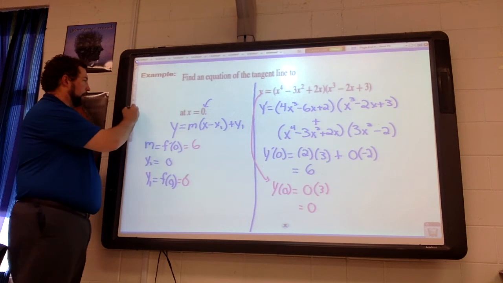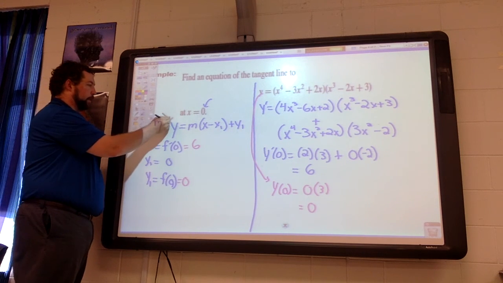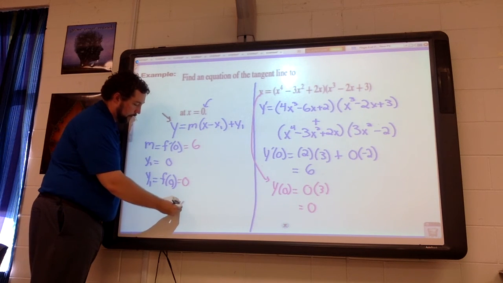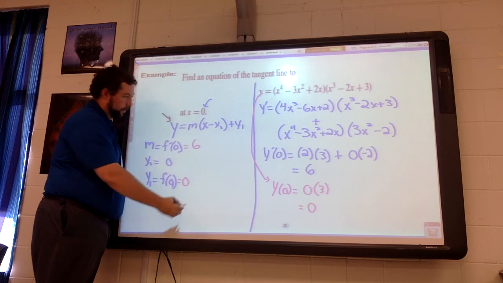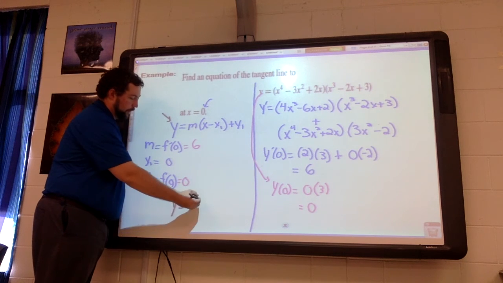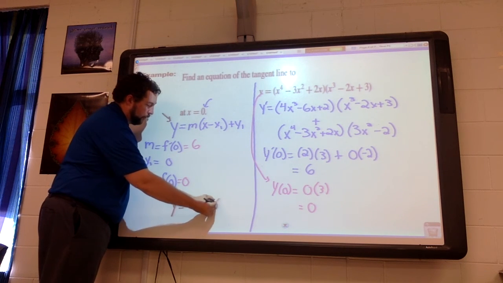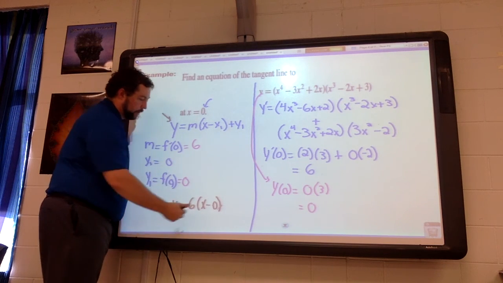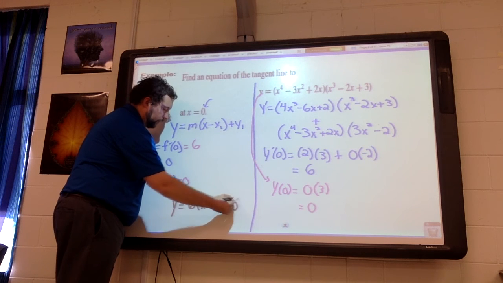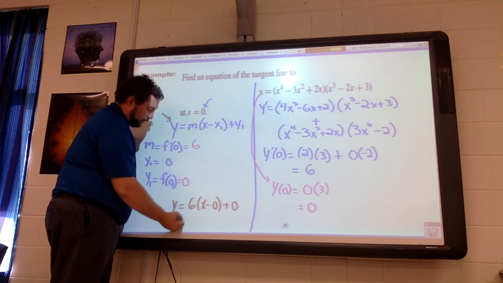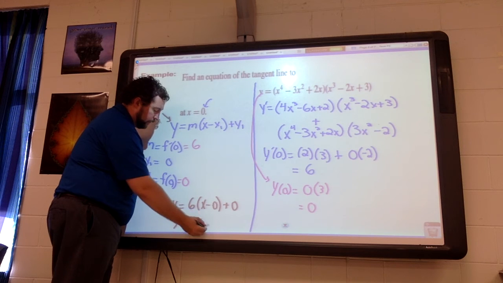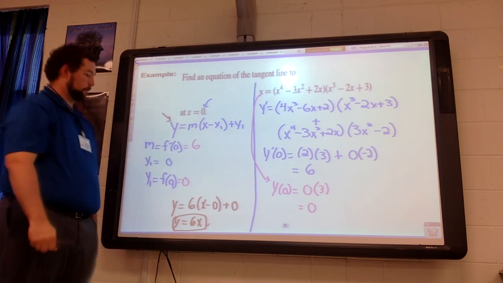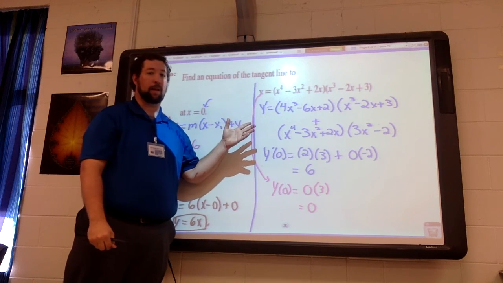So once I have that information, I can plug it into this formula. And so my equation of the tangent line turns into y is equal to my slope, which is 6, times x minus 0, because that's my x1, and my y1 is also 0. So plus 0, and that turns into y is equal to 6x.